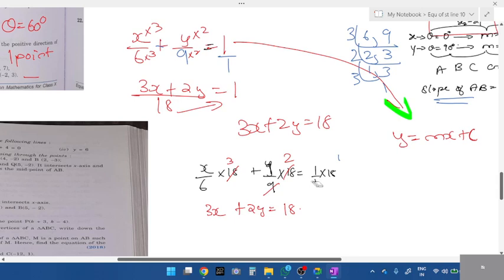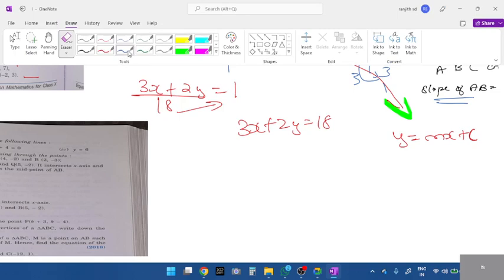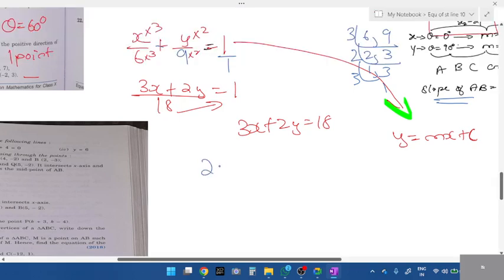Any doubts? Okay, now how do you convert this to y is equals to mx plus c? Which one do you keep on the left hand side? 2y. When you shift, you get minus 3x is equal to 18. What happens to 2?